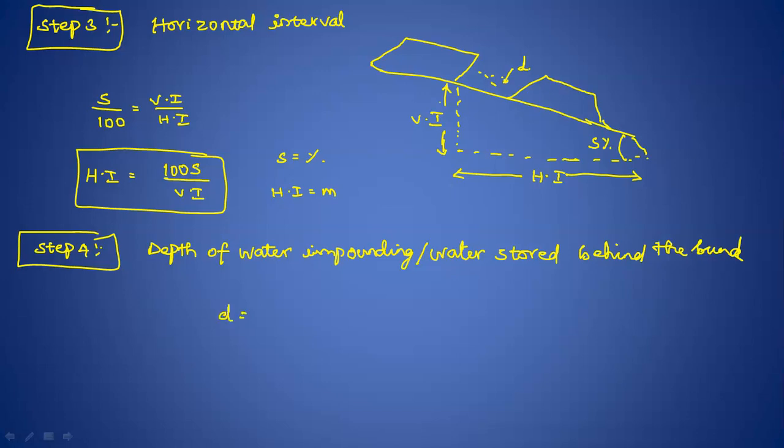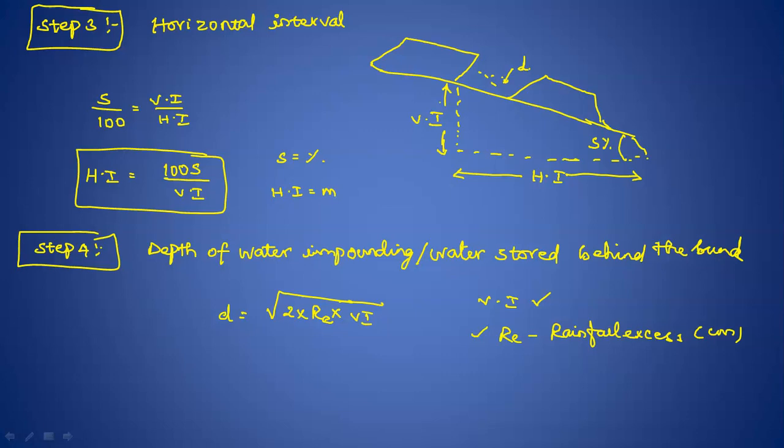So D is equal to root of 2 into Re into VI. As you all know, VI is the vertical interval and Re is the rainfall excess, which is in centimeter. It will be given in the question, so no need to worry. So we can easily find the depth of water impounding behind the bund.